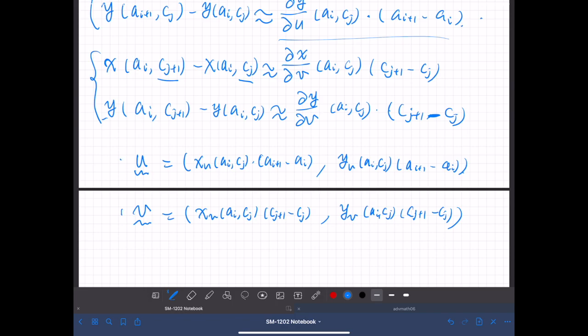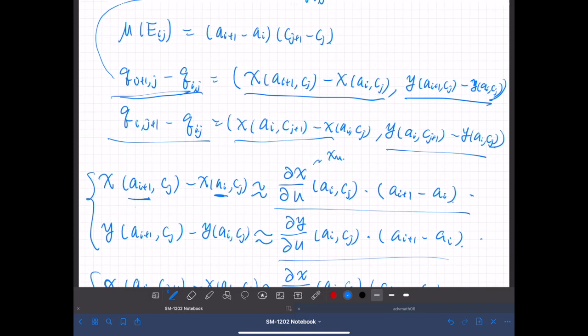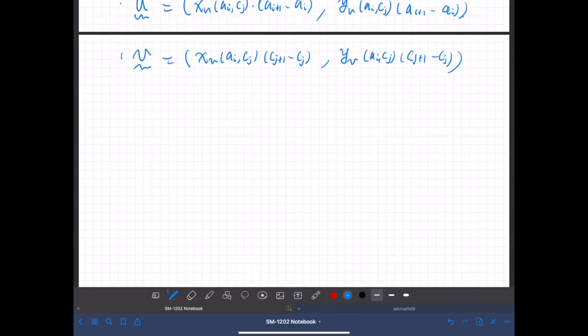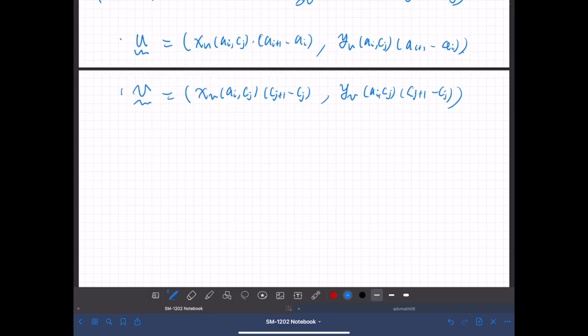So these two vectors approximate these two vectors respectively. Okay. Now, we have a parallelogram defined by these two vectors u and v.